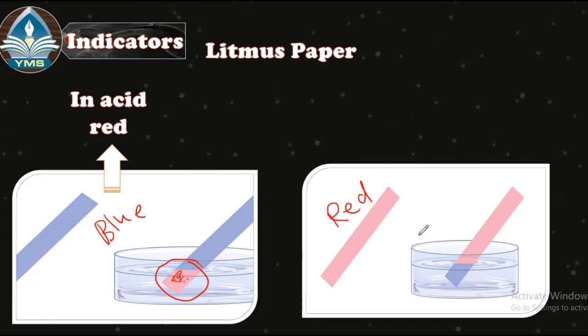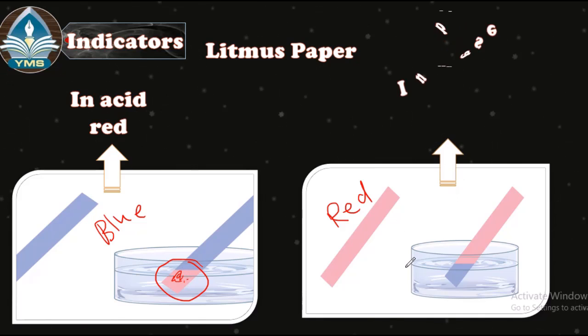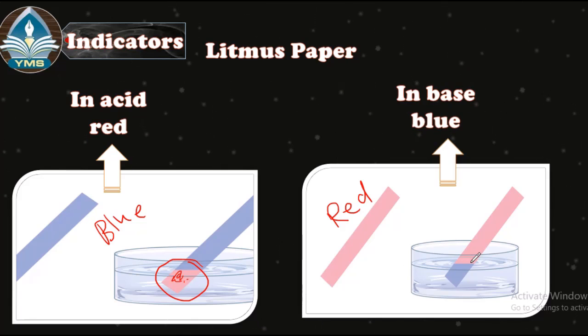And the red in base turns blue. Look here, it turned blue. If you dip it in a base, it will turn blue. So litmus paper, we have two types, the blue and the red. The blue in acid turns red. The red in base turns blue.